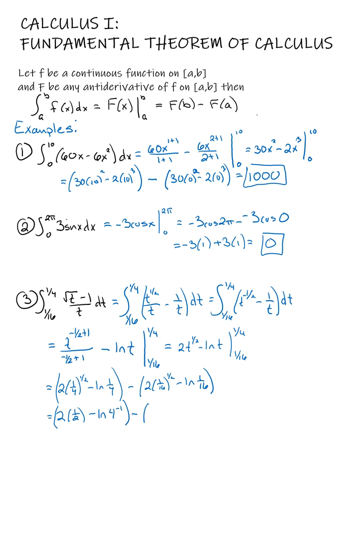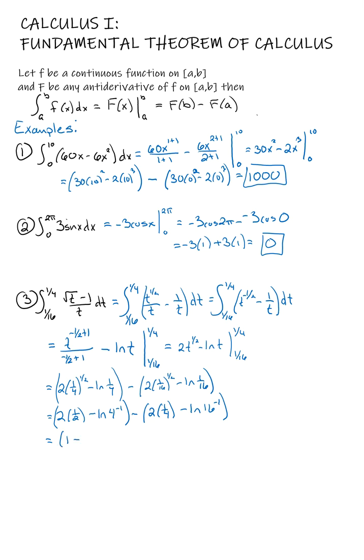Do some similar stuff for the second bit. The 1/16 to the 1/2 power is the square root of 1/16. That gives us 1/4. Minus the natural log of, instead of 1/16, I'll write that as 16 to the negative 1. You'll see why I'm going to do that in the next step. 2 times 1/2 is just 1.